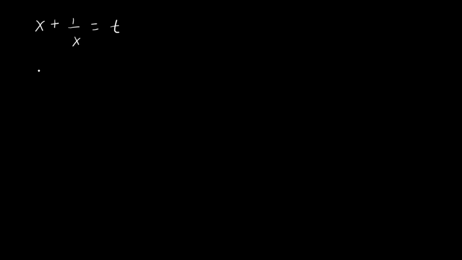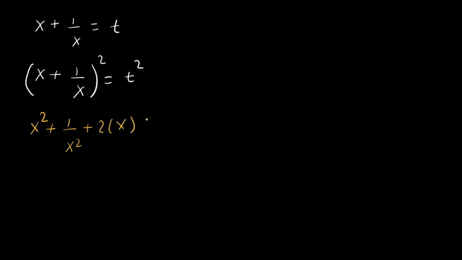Then if we square both sides, x plus 1 over x equals t, on the left hand side we apply (a + b) whole square, and we know the algebraic identity of (a + b) whole square is a square plus b square plus 2ab. Then x^2 plus 1 over x^2 plus 2 times x multiplied by 1 over x equals t squared.